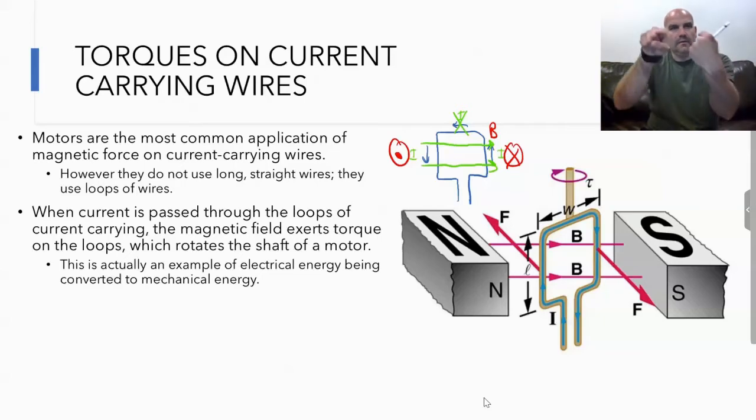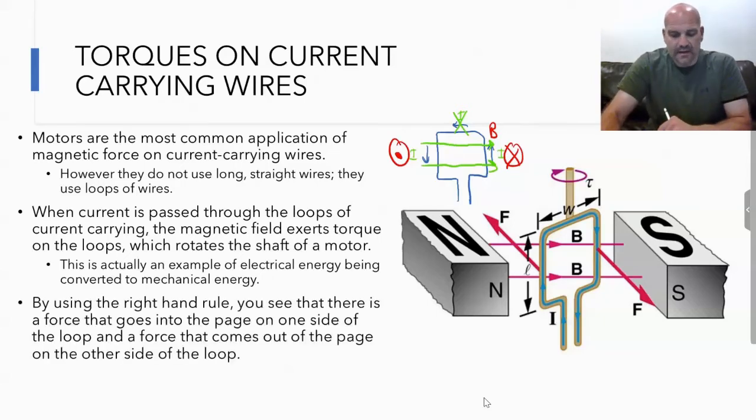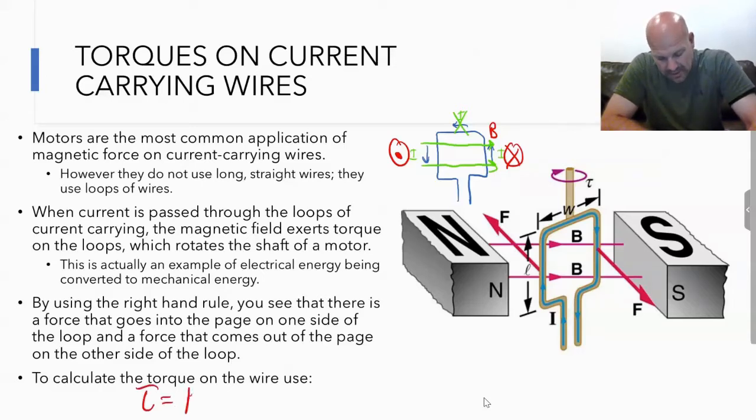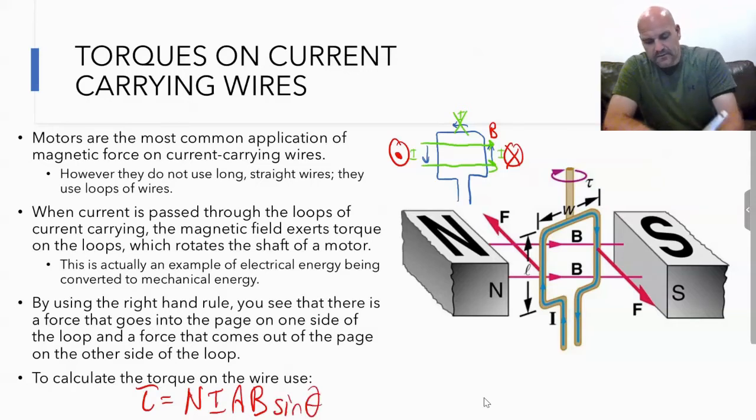Now that we've determined how it does it, let's look at how much torque would be exerted. Using the right-hand rule, we just saw that one force will go into the page on one side and the other force will come out of the page on the other side, which creates a torque that we can use in the equation. Torque, remember, is tau equals NIAB sine theta.